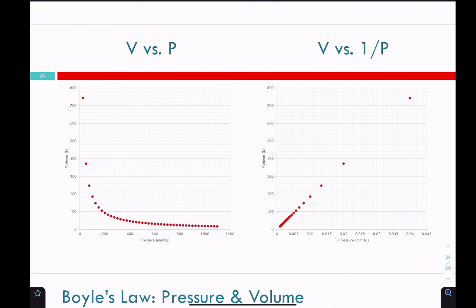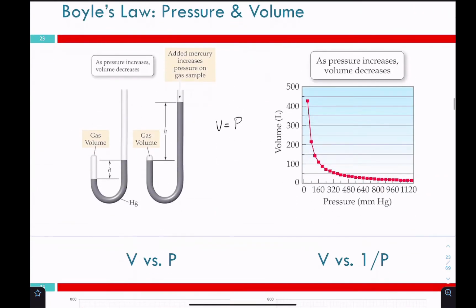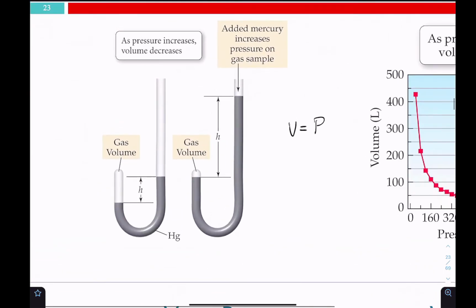Yeah. So when you're referring to volume, it's basically size, right? Yeah, volume is the space inside of your container. Is it because of the mercury causing the pressure buildup on that chart?